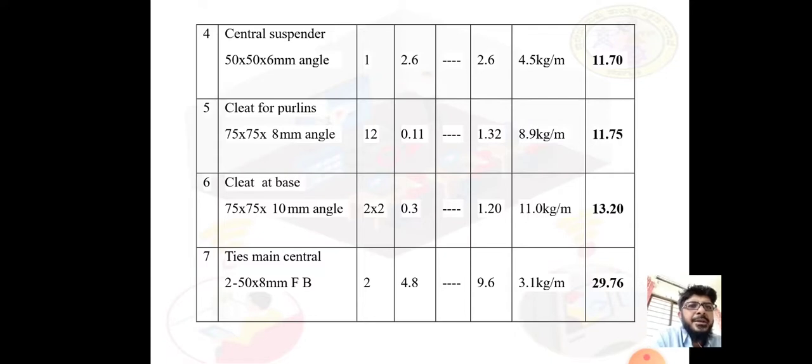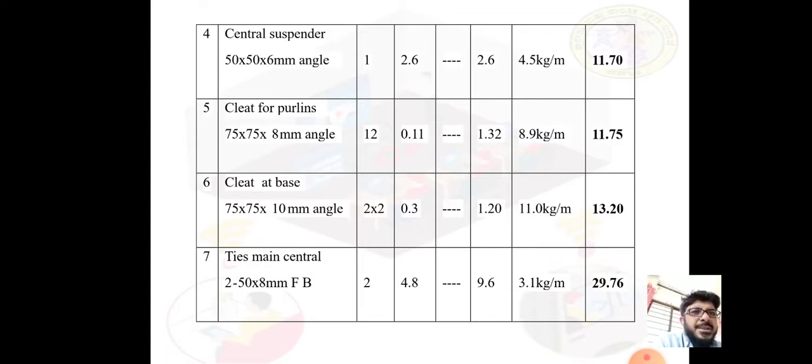If you see from the sketch, you will find 6 numbers either side, means 2 sides, 2 slopes. You will get 12 numbers total, and length of the cleat as 0.11 meter. So total length now becomes 1.32 meter.